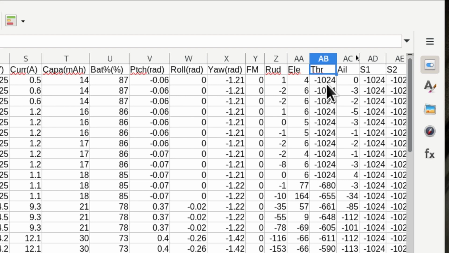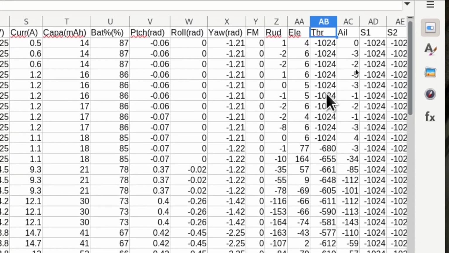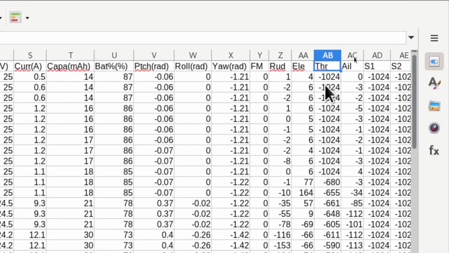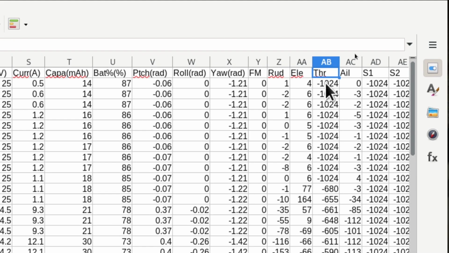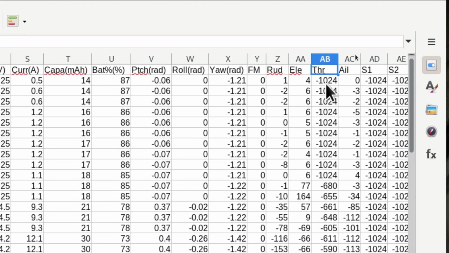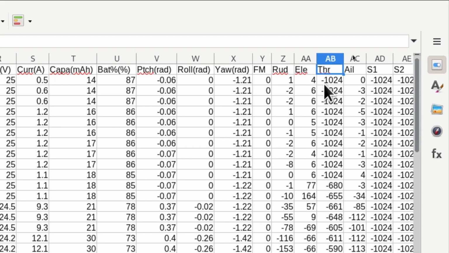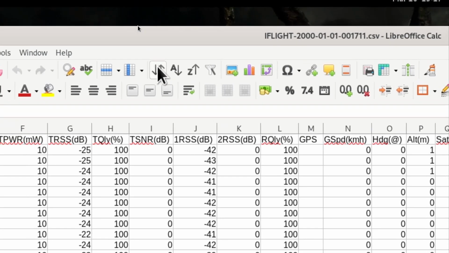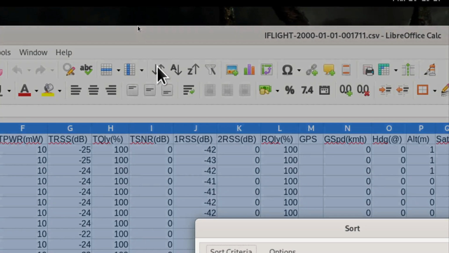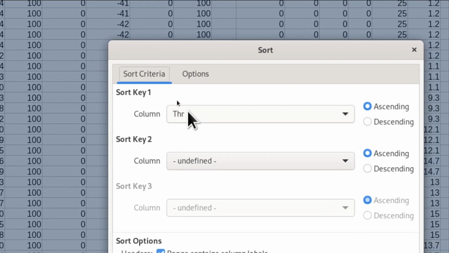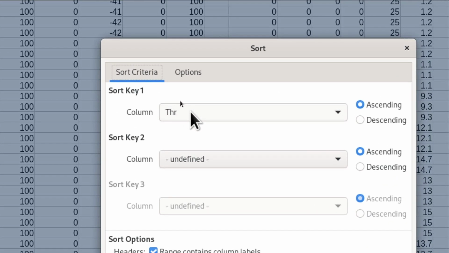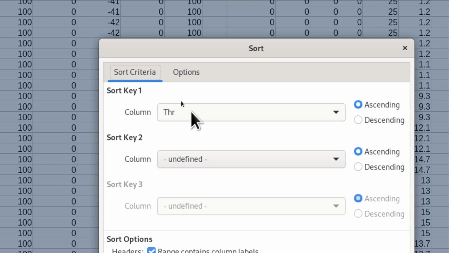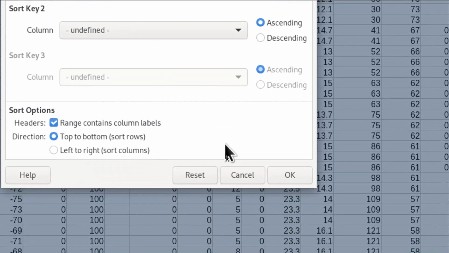And then we're gonna sort this column so we can see the first number being the lowest, which is zero, and here it's negative 1024. Since we selected column THR, which is throttle, it's gonna sort it by that.